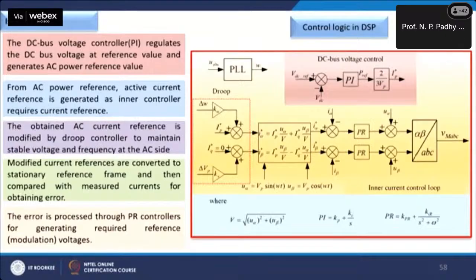The obtained AC current reference is modified by the droop controller to maintain stable voltage and frequency at the AC side. The modified current references are converted to the stationary reference frame and then compared with measured currents for obtaining errors. The error is processed through PR controllers for generating the required reference modulation voltages.